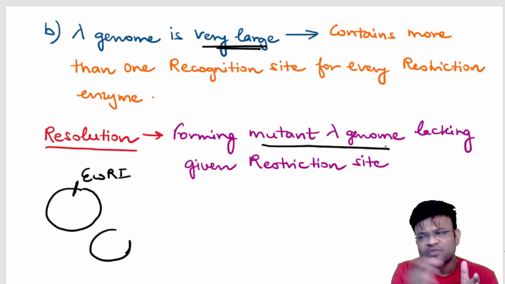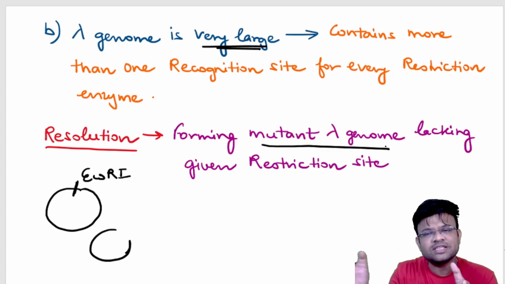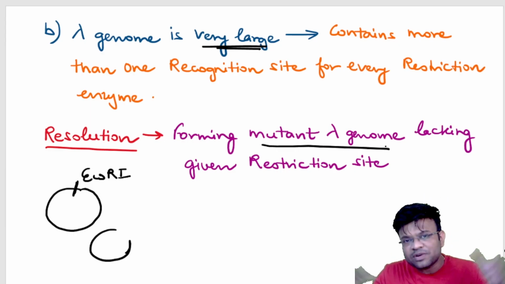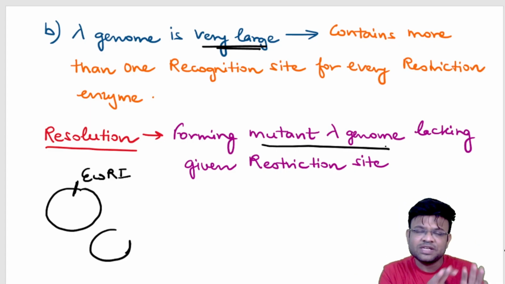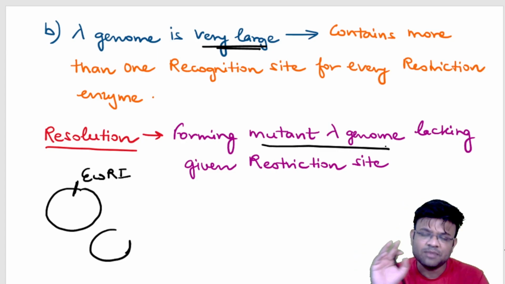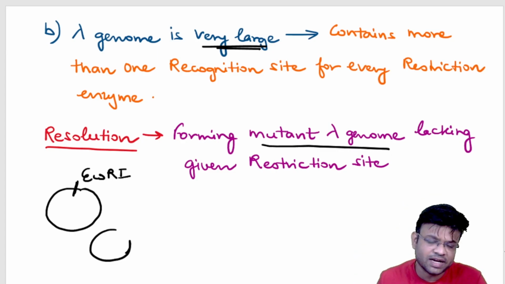That means only 1 or 2 enzymes can cleave the genome. So the multiple restriction sites concept is now removed. Why? How? Through creating mutations or aberrations. I believe you would have got a clear understanding about this.